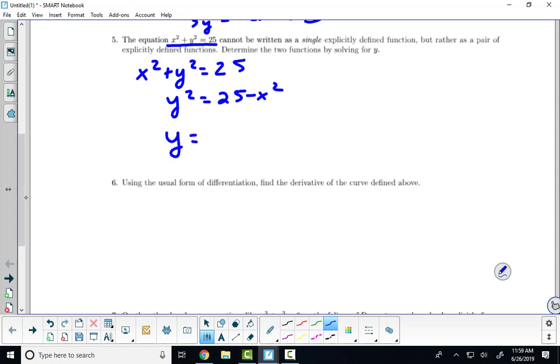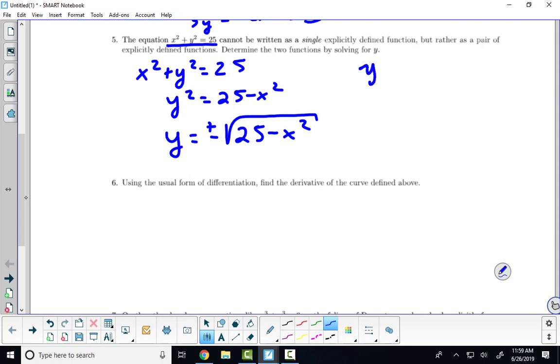When you apply the square root method, you get y equals the square root of 25 minus x squared, and we're going to put an x squared here. But what's the part that everyone forgets about when they apply the square root method? We've got to have that plus or minus there. And for that reason, we're not taking the square root of both sides. We're applying the square root method. So what are our two functions?